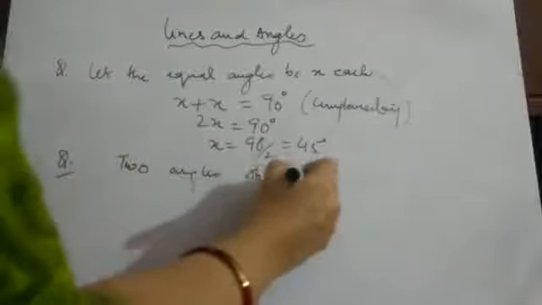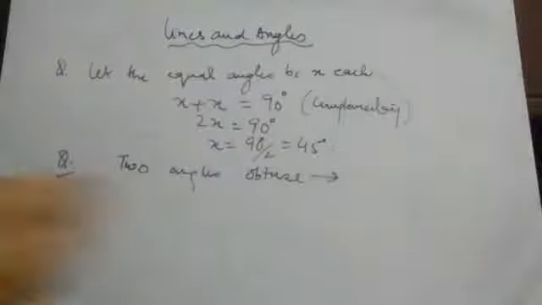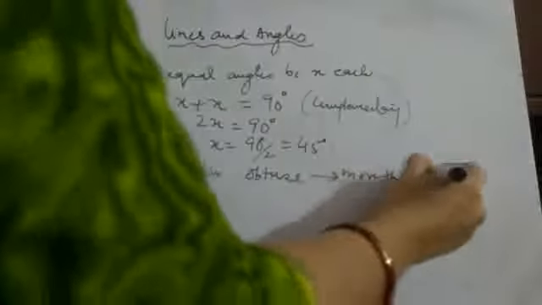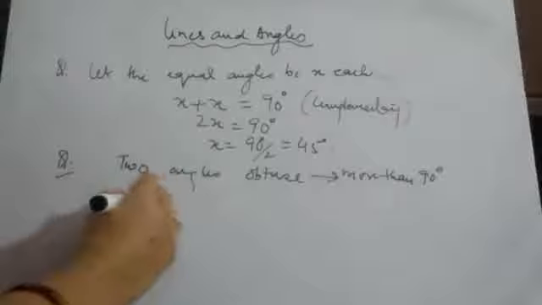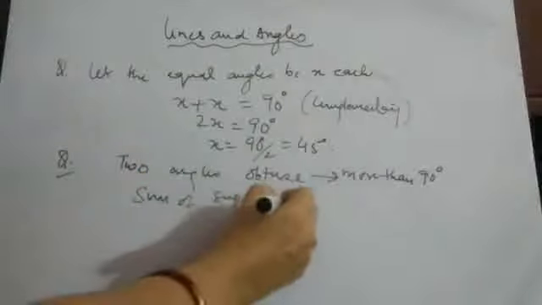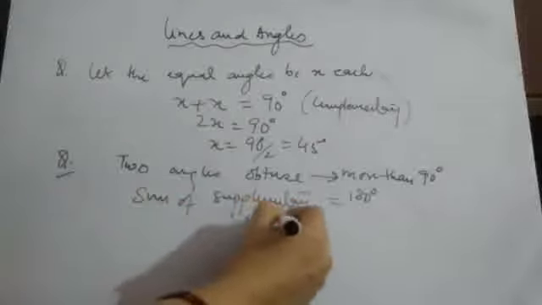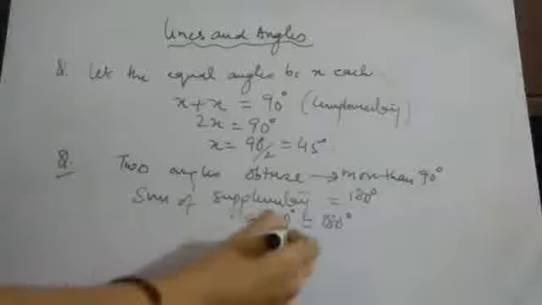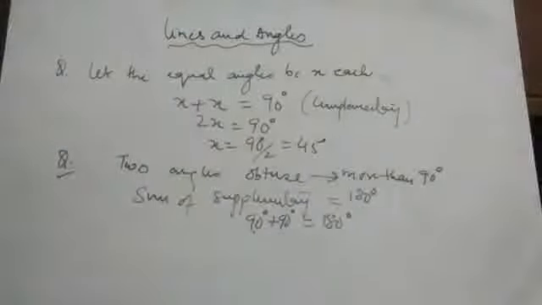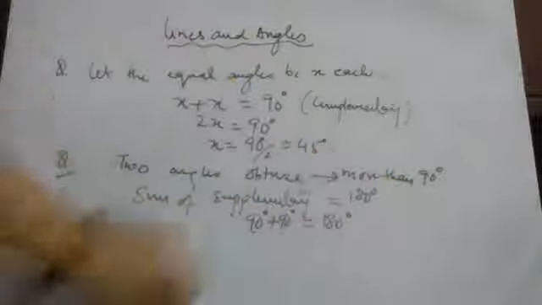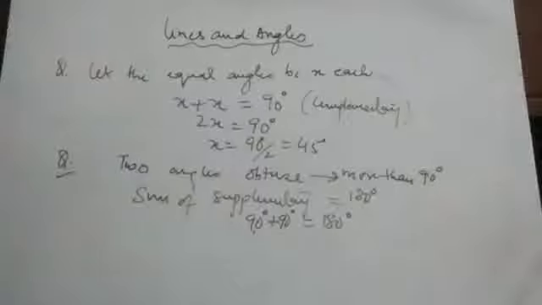Obtuse means more than 90 degrees, and the sum of supplementary angles is 180 degrees. Now 90 plus 90 makes 180, but if both the angles are greater than 90 degrees, then their sum will also be greater than 180 degrees, which is not possible for supplementary angles, because the sum of supplementary angles is 180 degrees.